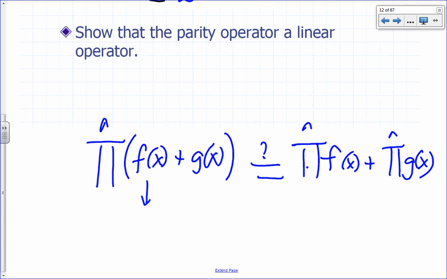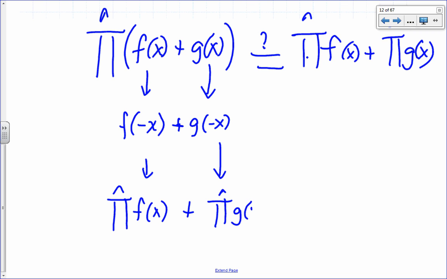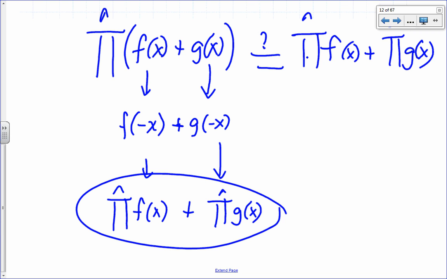If I start with the left side, I see an x, I replace it by negative x, so that's f of negative x. And I see an x here, what do I do? Replace it by negative x. But what is f of negative x? That's the same thing as the parity operator operating on f of x, right? And g of negative x is just the parity operator operating on g of x. So this expression is the same thing as that. So the answer is yes.